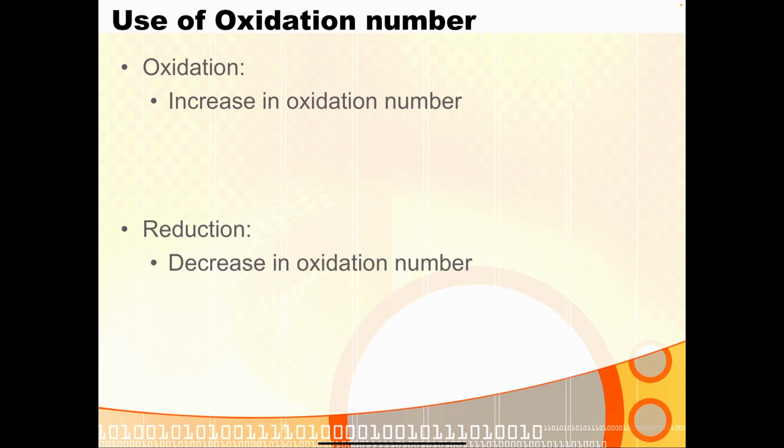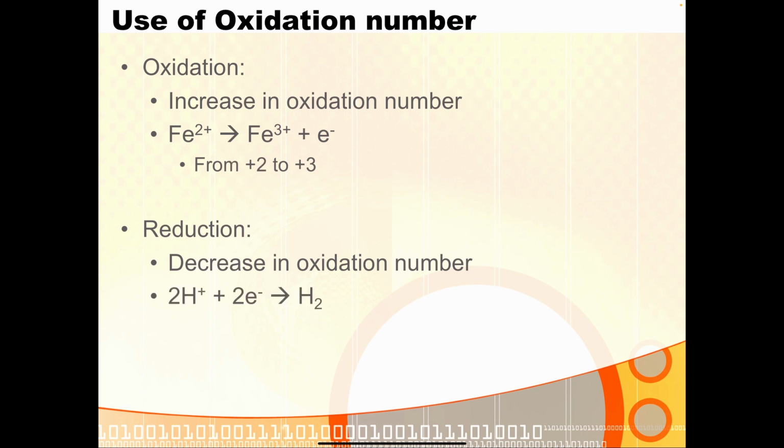Now, an increase in oxidation number is known as oxidation. For example, from 2 plus it goes to 3 plus, that's oxidation. And in reduction, H2 goes to H plus and it becomes H, so from plus 1 it goes to 0, that is reduction.